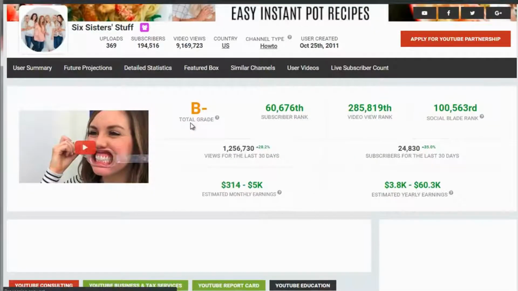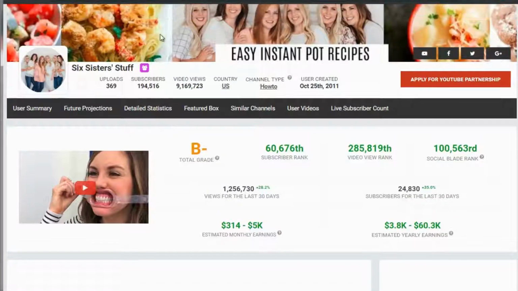So right off the bat, we can see that if we were to rank on the keyword Instant Pot, it's going to take a lot to break through. But the way we can break through is by using essentially subcategories of that keyword. So Instant Pot recipes or Instant Pot chicken recipe, stuff like that. So we can see that each one of these has about 100 to 200,000 subscribers.